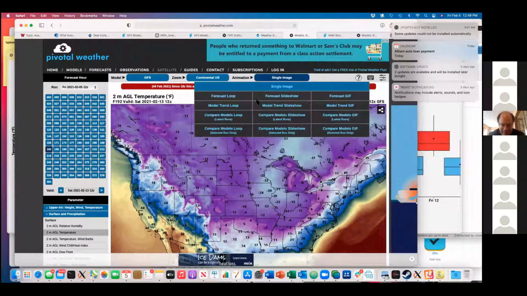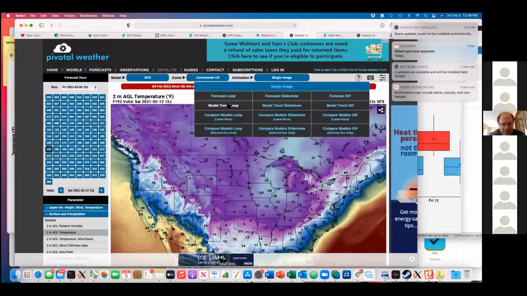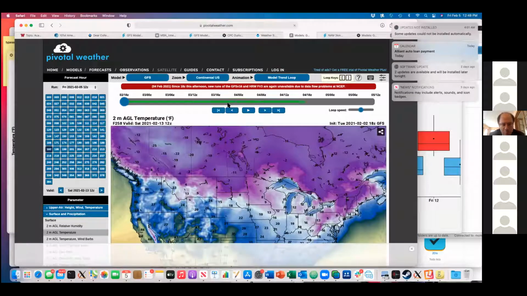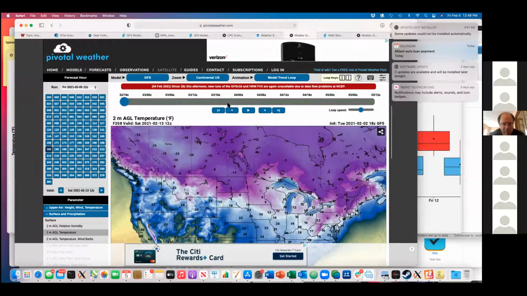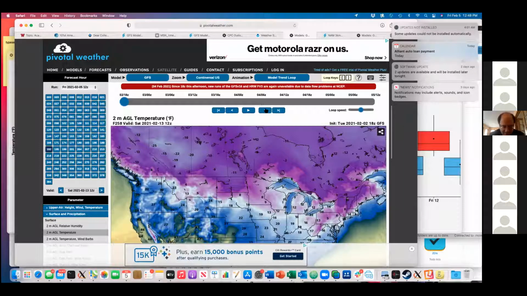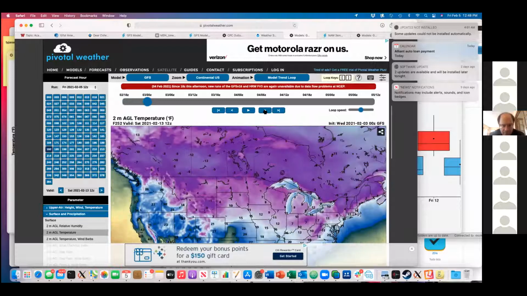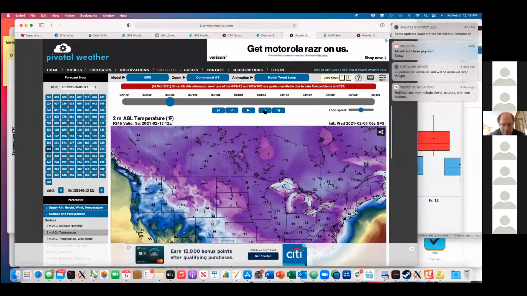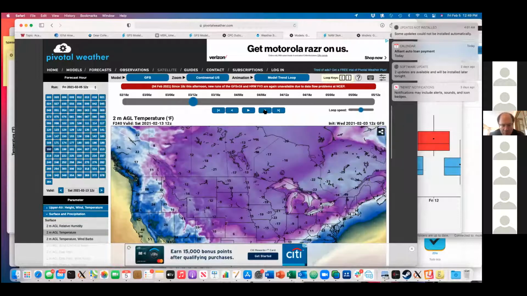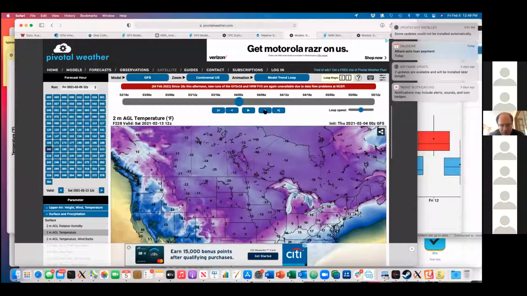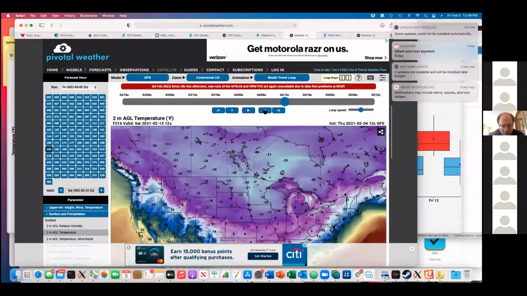Wow. And just to look at the forecast trend, the model trend rather, for this particular model. These are all valid at the same time, from the earliest forecast initialized on the 2nd at 18Z, and as we step through this, these are every 12 to every 6 hours as we go forward. There's a trend. It gets cold, it gets warmer.